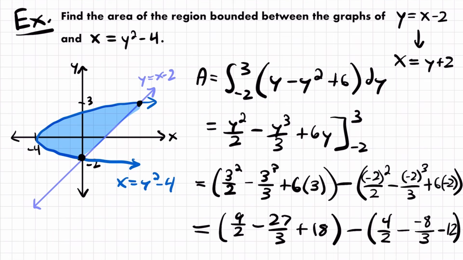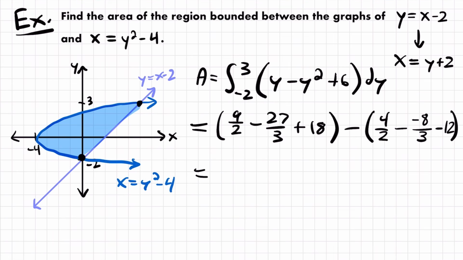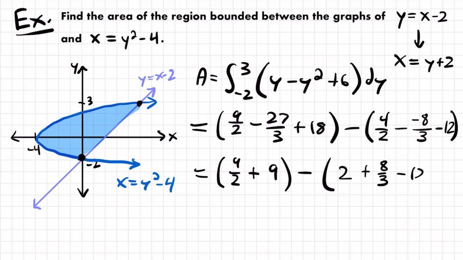All right, and so let's clean up our work again. This will be equal to 9 halves minus 9, right? 27 divided by 3 is 9, plus 18, but -9 plus 18 will be positive 9, and so I'll erase that and make this plus 9, and then we will subtract 2 plus 8/3 minus 12, right?